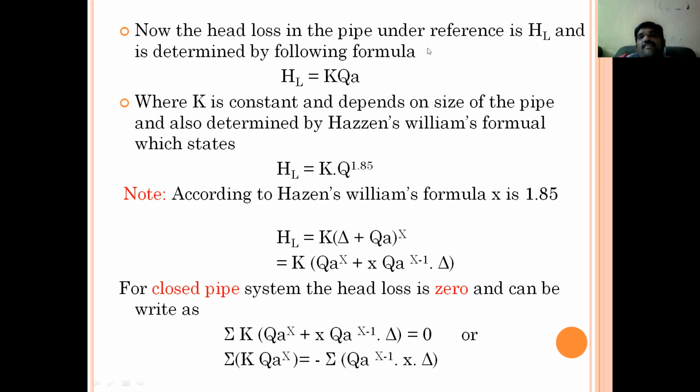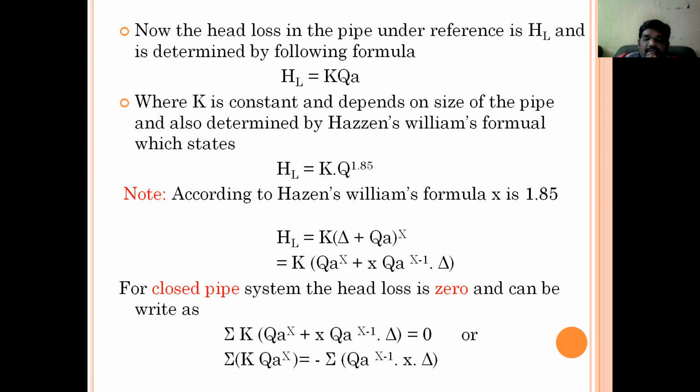Now, the head loss in the pipe under reference is HL, and it is determined by the formula HL equal to K into Qa, where K is a constant and depends on the size of the pipe, and is also determined by the Hazen-Williams formula, which states HL equal to K into Q power 1.85. What is this 1.85? Note, according to the Hazen-Williams formula, x equals 1.85.